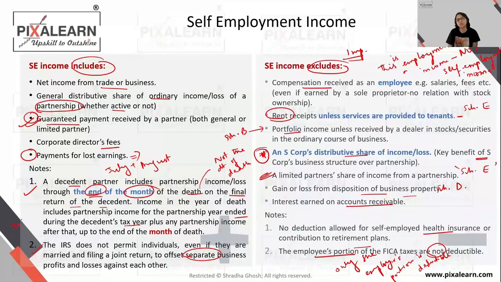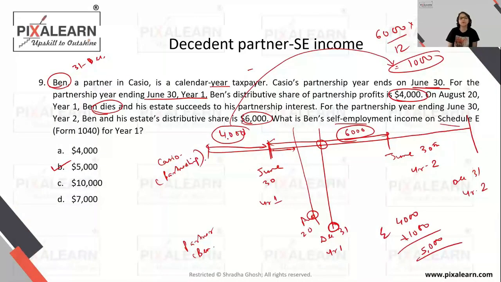That means we took 30th June year 1 tax year plus any partnership income after that up to the end of the month of death. So we took 4,000 for 30th June year 1 and then we took 2 months' income proportionate, which was 1,000, which included July and August, the month of death. Is this clear? So the answer for 9 becomes 5,000.